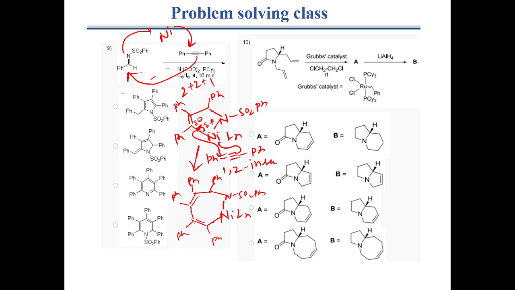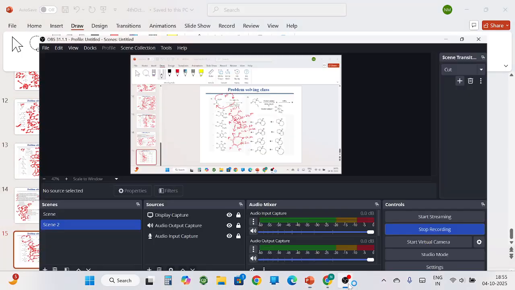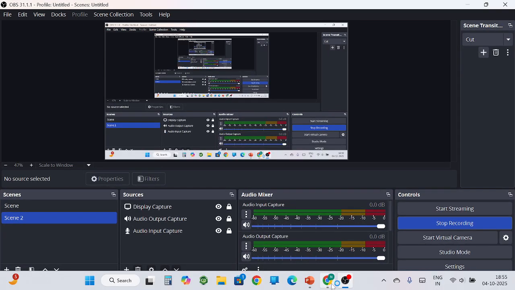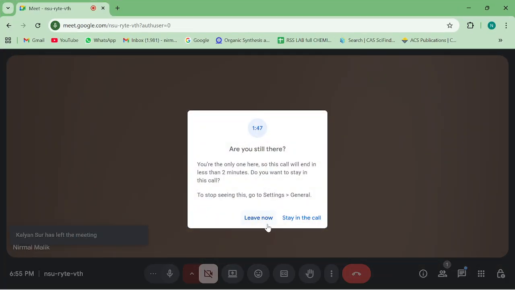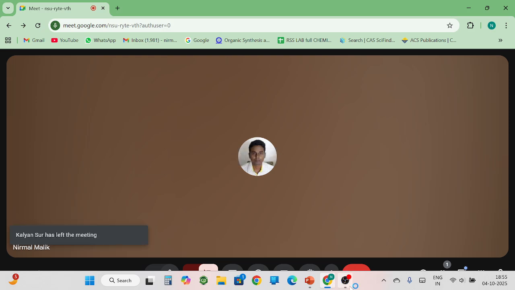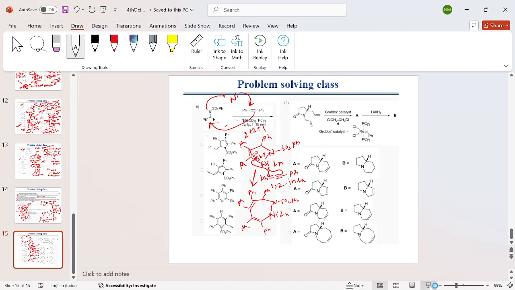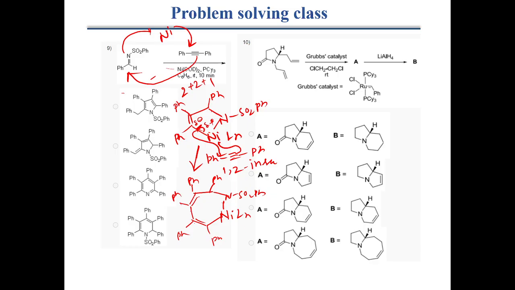So in reductive elimination, this is electropositive, this is electronegative.